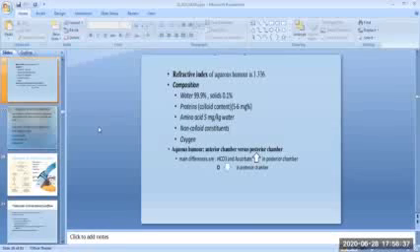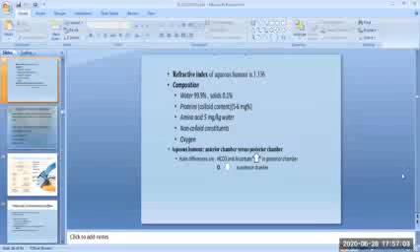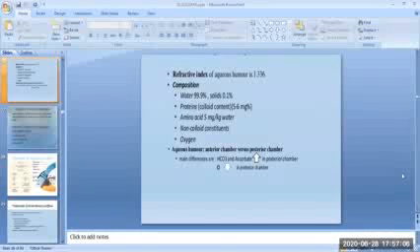The aqueous humor of anterior chamber is different from the aqueous humor of the posterior chamber. The compositions differ, and the main difference is the bicarbonate in the posterior chamber aqueous is higher than in the anterior chamber, and the chloride concentration in posterior chamber is lower than in the anterior chamber.